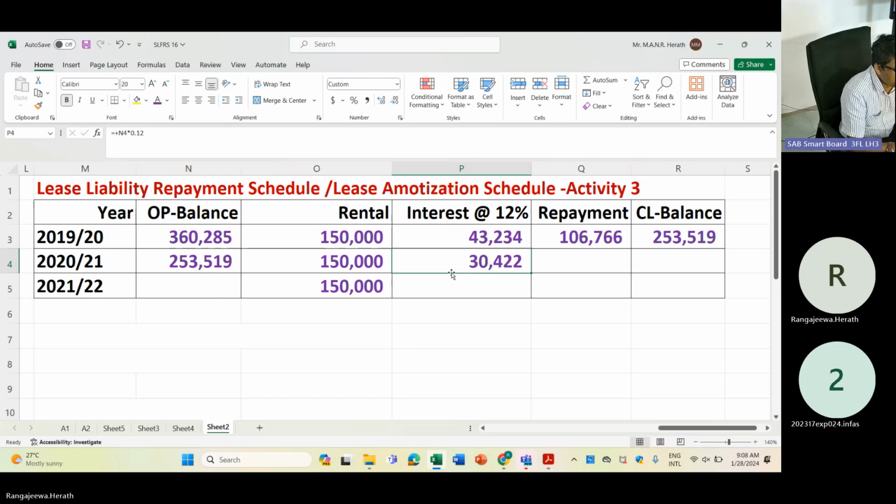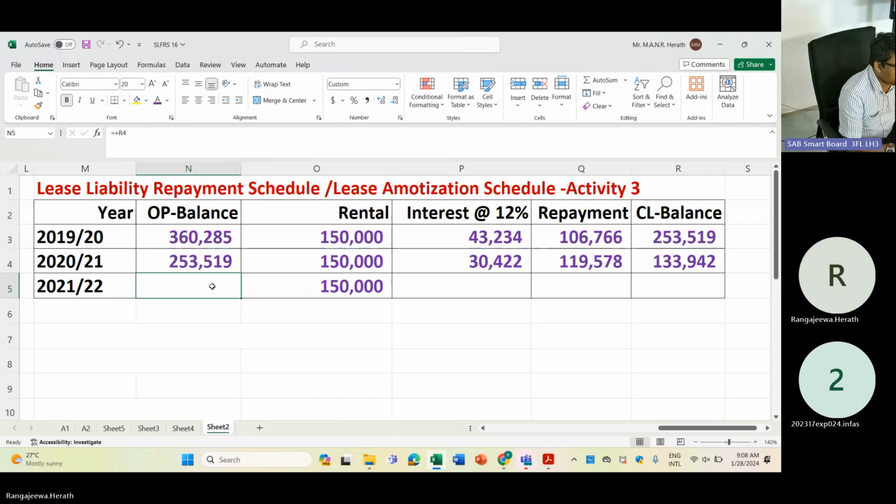So interest is 253,590 into 12%, 30,422. So repayment is 150 minus 30,422, 119,578.